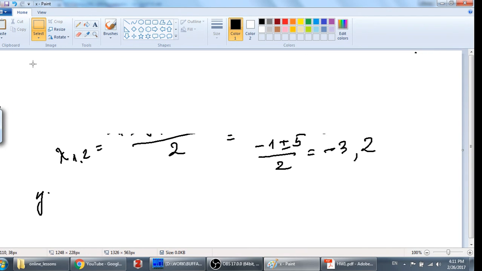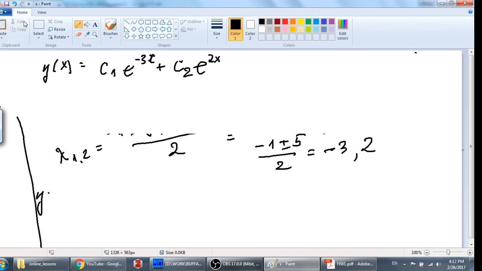And here I'll just continue with the general solution, which will be y of x is c1, the first integration constant, e to the minus 3x plus c2 e to the 2x, right? So the second integration constant. Now let me clean this part of the document.